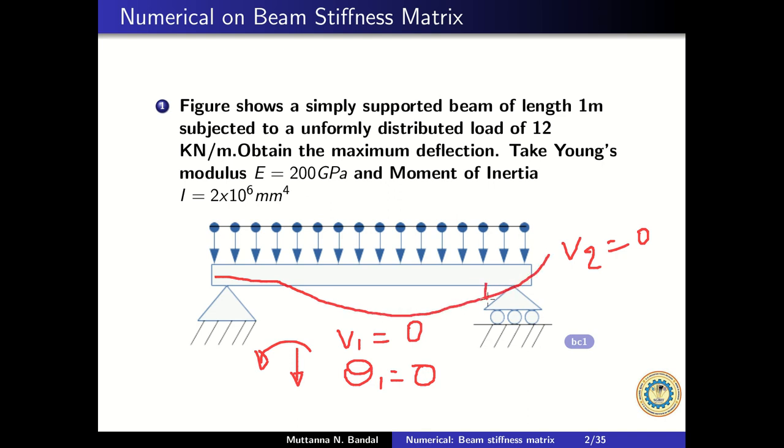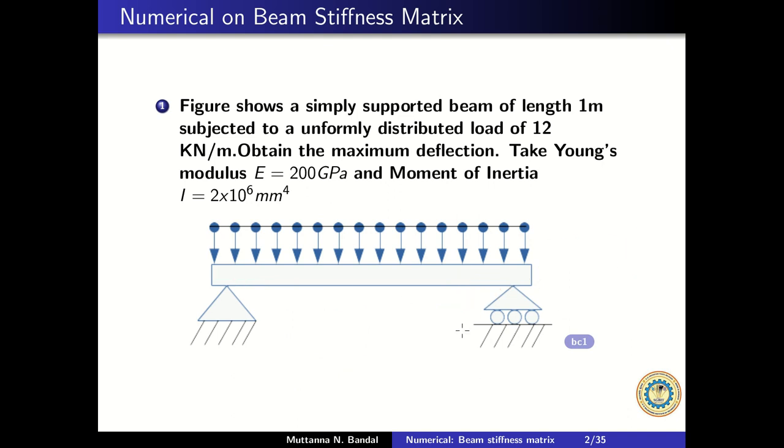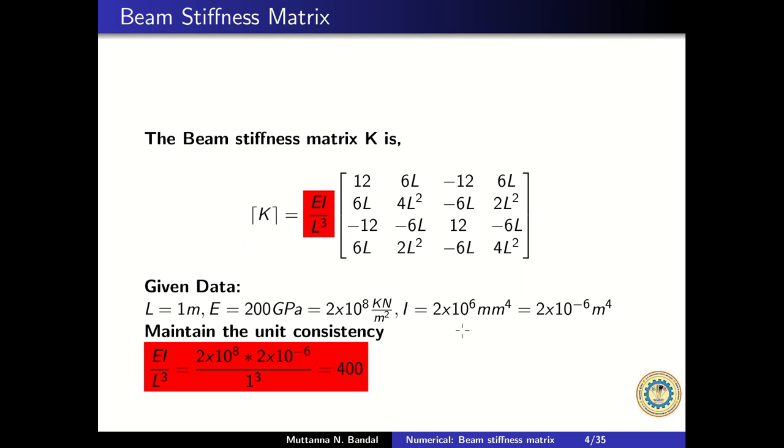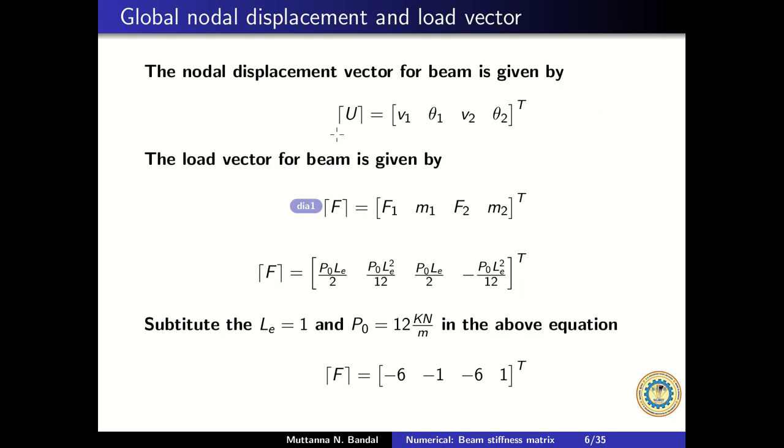Hence there is an occurrence of theta 2. So theta 2 will not be equal to 0. We should understand these boundary conditions and substitute them back into the nodal displacement vector.